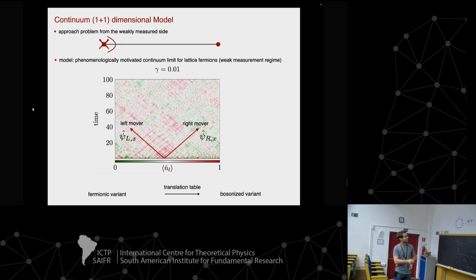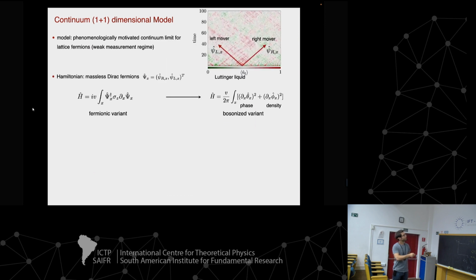And what you can clearly see here, not only in the initial time regime but also later on, is a kind of ballistic spreading of these particles, which one can capture by taking these fermions that are sitting on the lattice to begin with, but going to a continuum limit where we introduce left and right moving particles. And the velocity is basically given by the speed with which they go out.